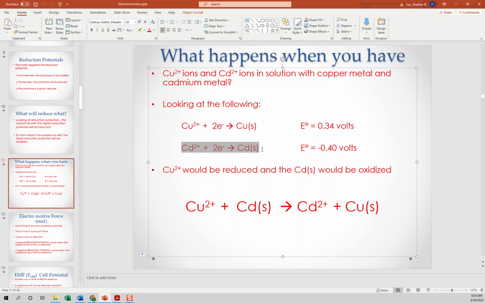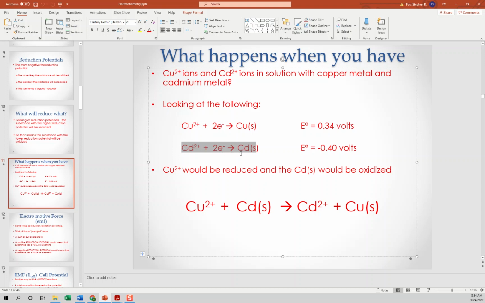But if I reverse this one, now I'm going to have a positive 0.4, and then I'll add 0.34 plus positive 0.4, and that'll give me the overall potential for this reaction. So all I have to do is flip this, make sure that electrons are the same so they end up canceling out.